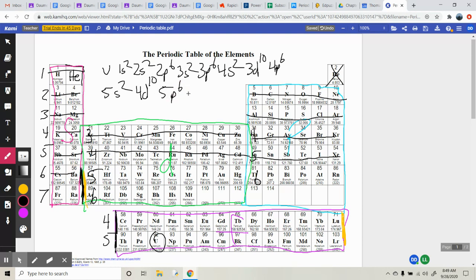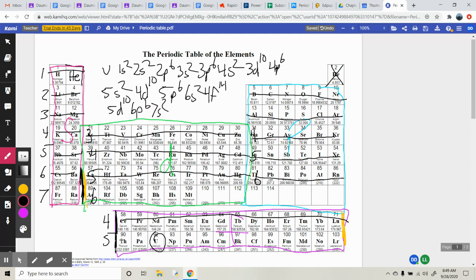Down here to 6s2, and now this is where we pop on down to our lanthanide series. Remember, this guy's in here, right? So now it's 6s2, now it's 4f. We got to get all the way through 14. 4f14, and then we're at the end, so we pop back into the main table, and we go 5d10, 6p6, 7s2.